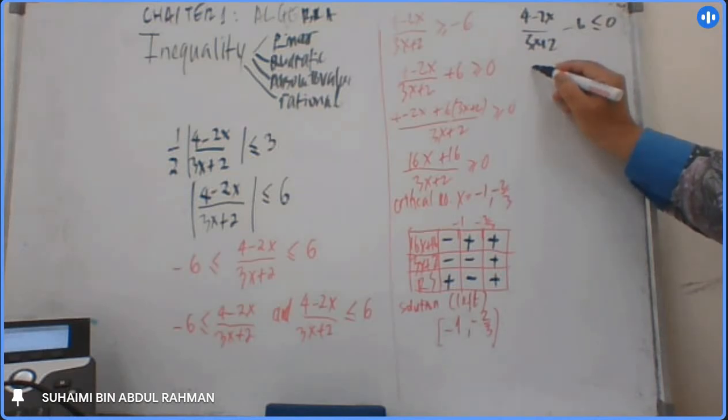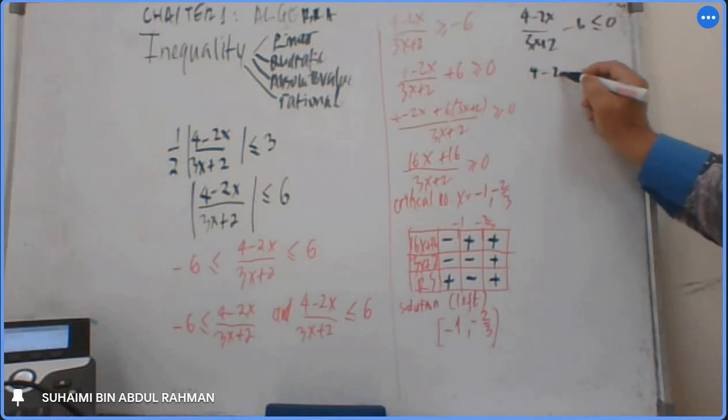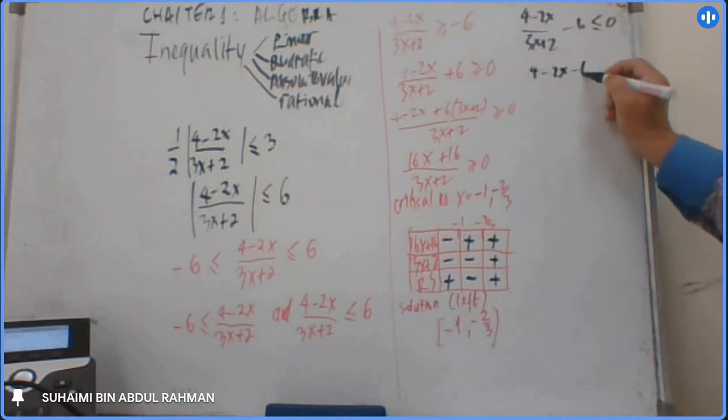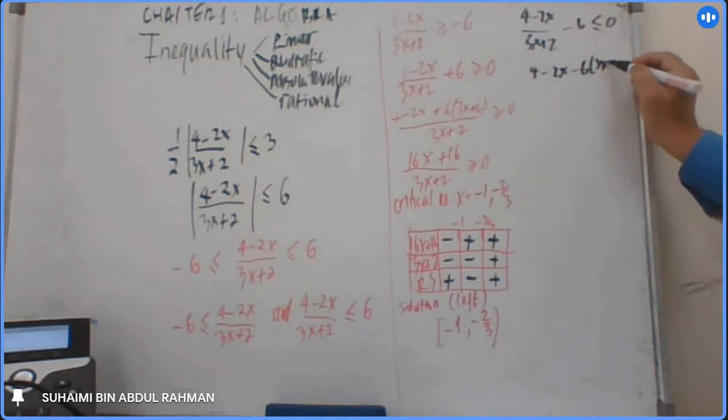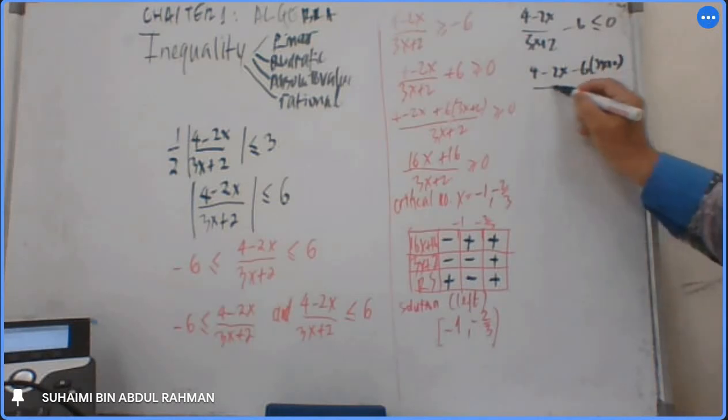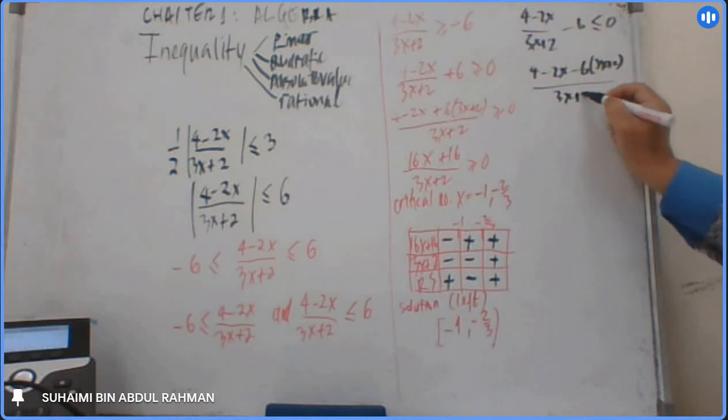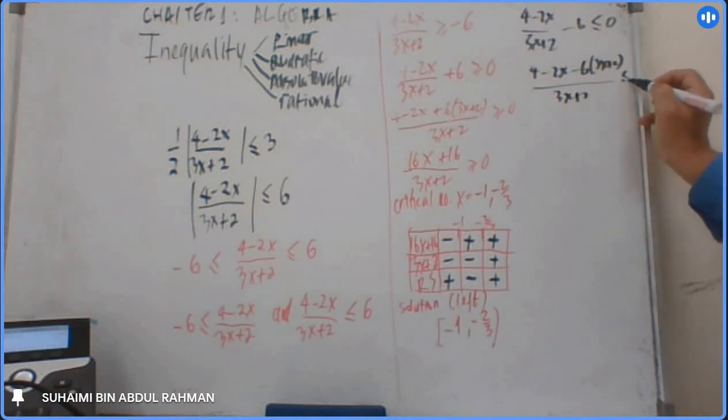So (4 minus 2x minus 6 times (3x plus 2)) over (3x plus 2) less than or equal to 0.